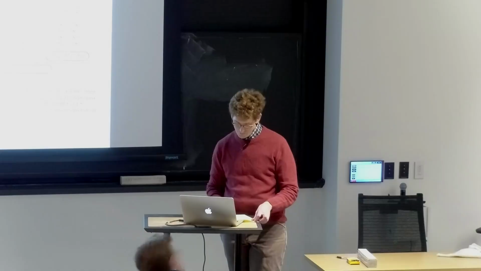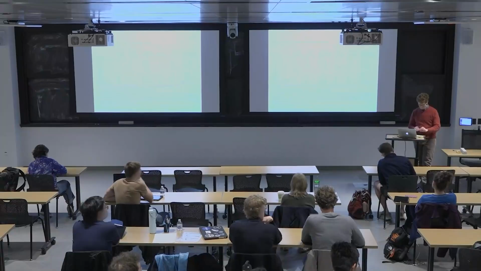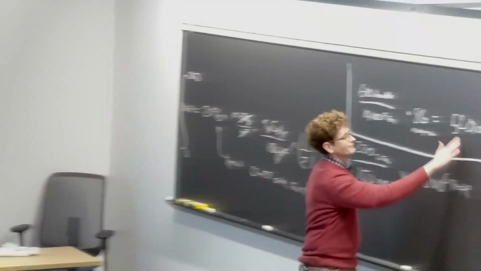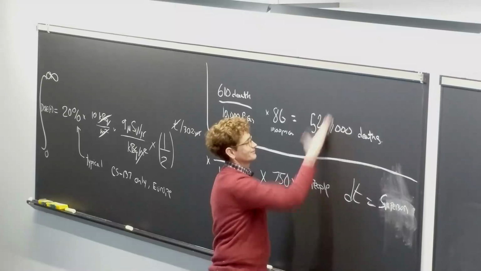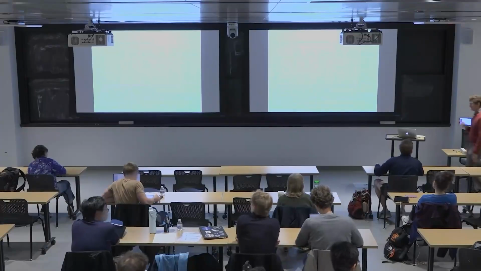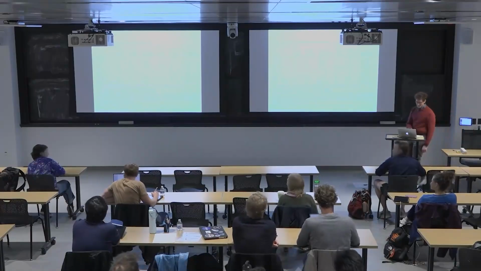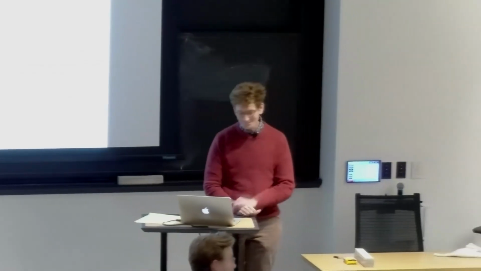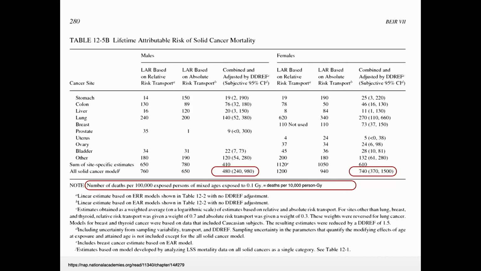Who has a calculator? 86 times 610. Typo. Yeah, they match. If they didn't match, I wouldn't have presented it. Yeah, 52,000 deaths, not 500,000 deaths.